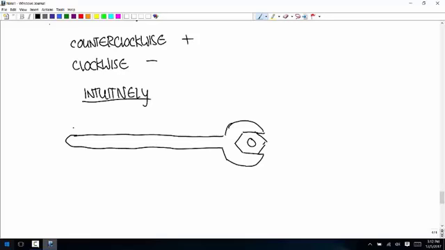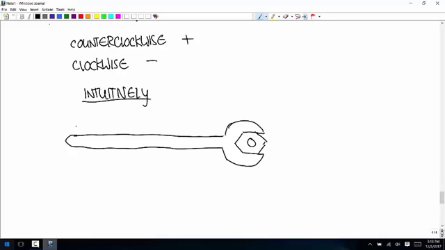If you're trying to loosen this bolt and it's stuck, you're trying to turn it this way. And say that no matter where you apply this force, you're going to apply 100 newtons of force to the wrench. Well, where are you going to get the best result for loosening this? Here.